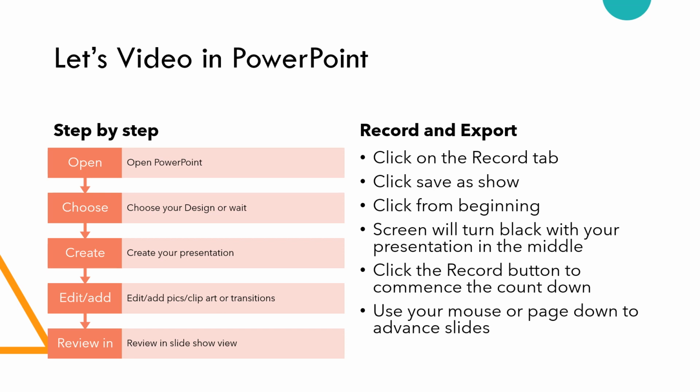When you record and export, click on the Record tab, click Save as Show. Your screen will jump just a little to let you know it's done. Click the button from beginning.